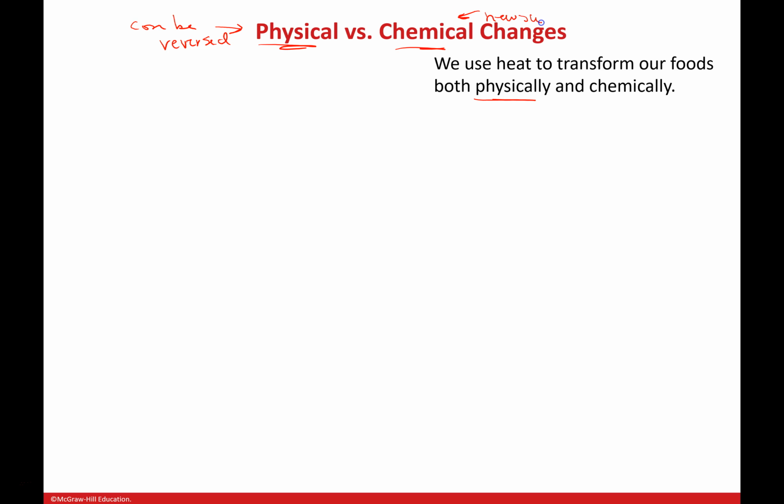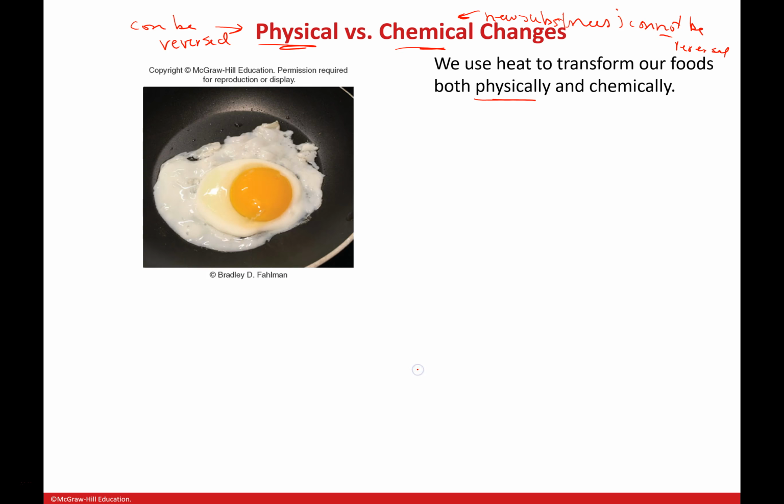We literally get new substances formed. It cannot be reversed. Sometimes it's easy, sometimes it's hard to tell. For example, you cook an egg. Something's going on there. And as far as I can tell, you're not going to get your ooey gooey egg back. So this must be a chemical change happening to the egg.